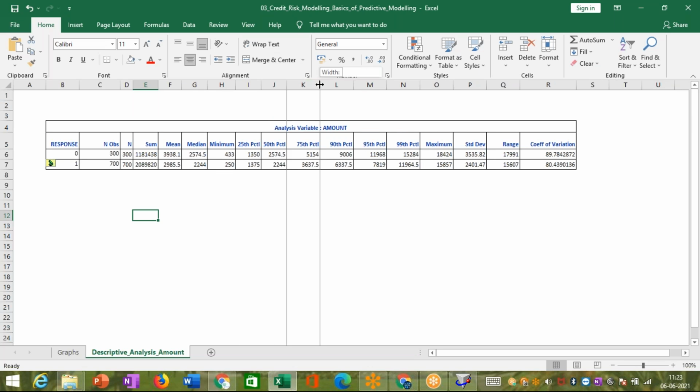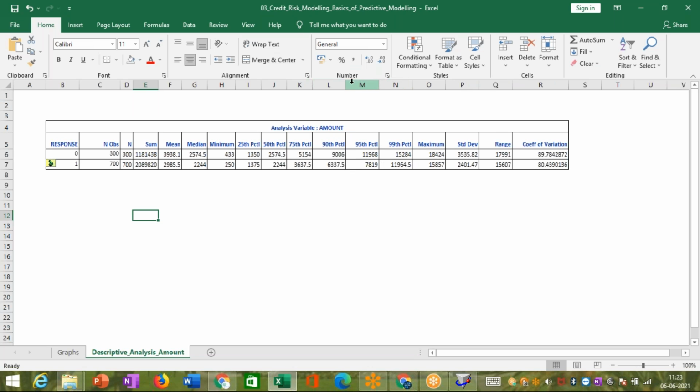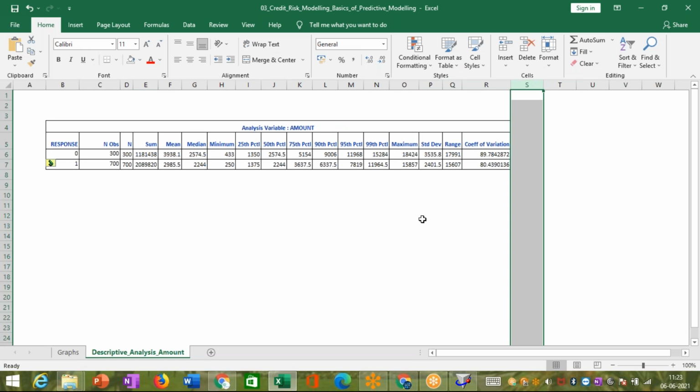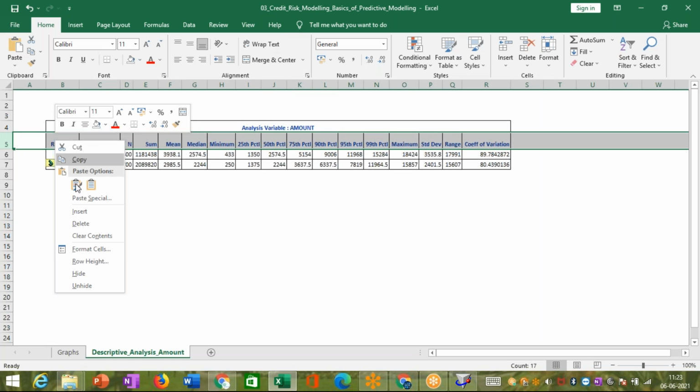So I have obtained this result over here. The maximum is there, the standard deviation is there, the range is there, and the coefficient of variation is there. So basically, let me just introduce another concept.